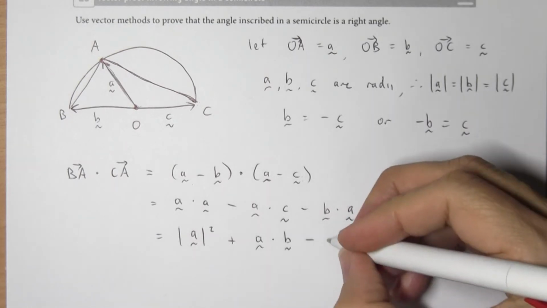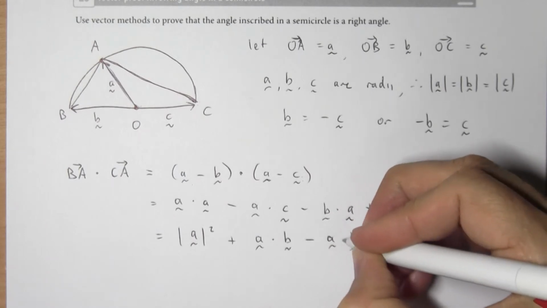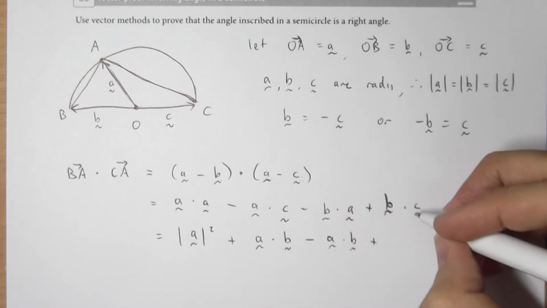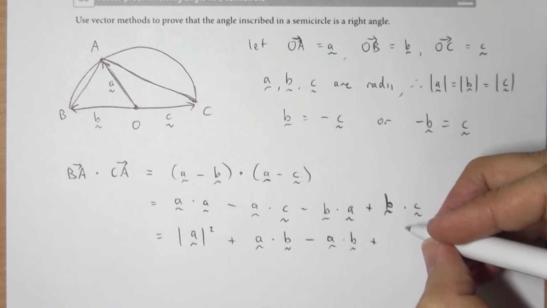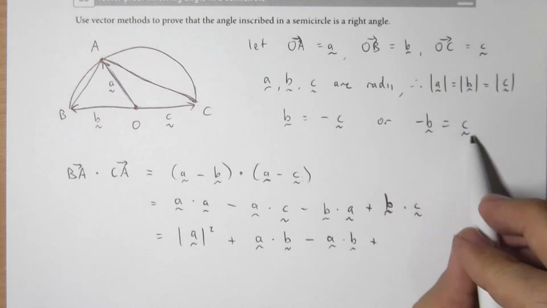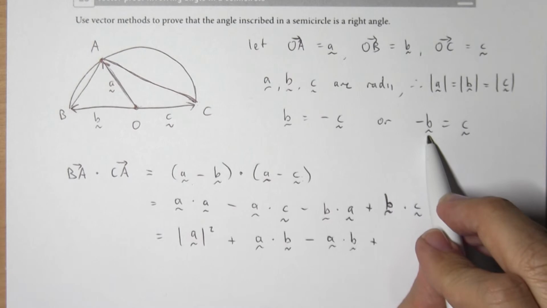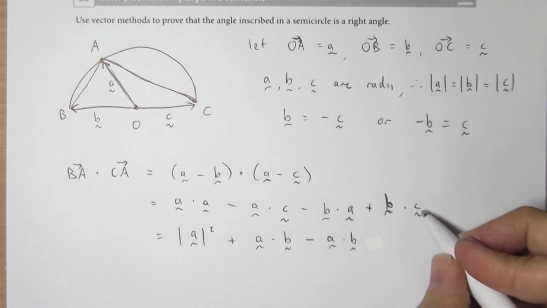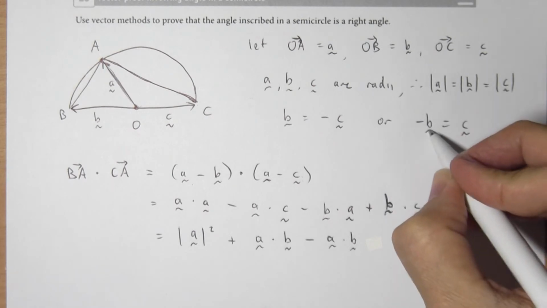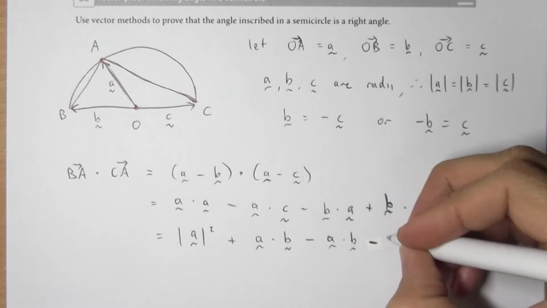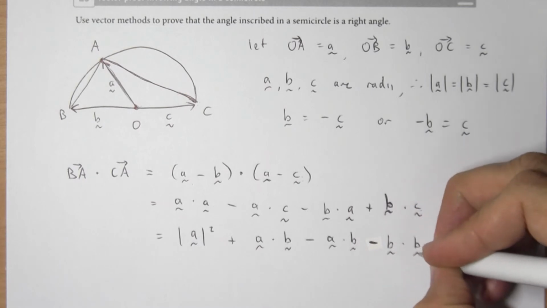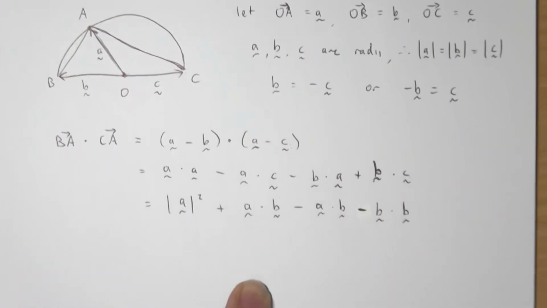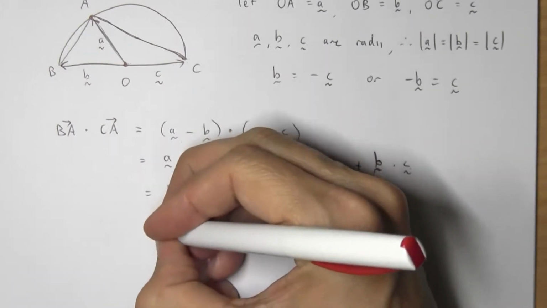I can write this one as a dot b plus, now, c is negative b, so I'm going to change this one as well. May as well do it all at once. This c is also negative b, so it's going to become minus b dot b. And that's where most of the magic happened.